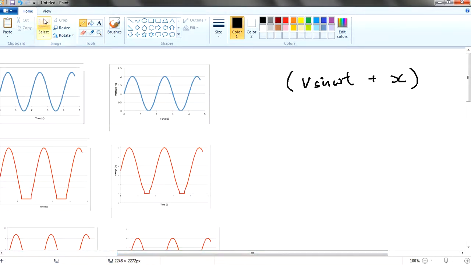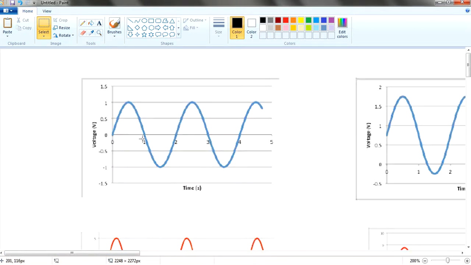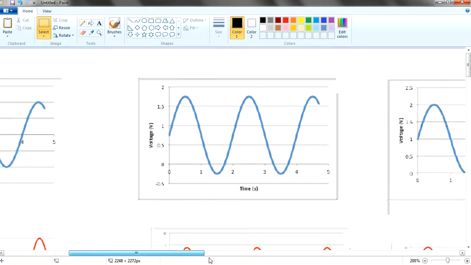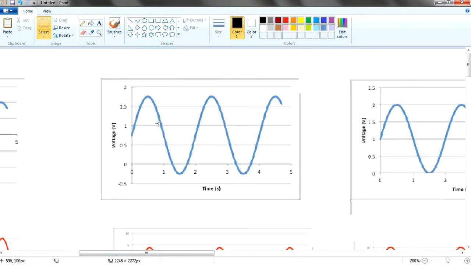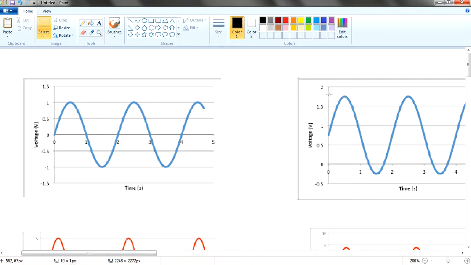The biasing voltage is this one: another source coming in to bring this up. In this case there is no biasing voltage, so it starts from 0. However, here you have a biasing voltage, and you bring it up, but the amplitudes are all the same.